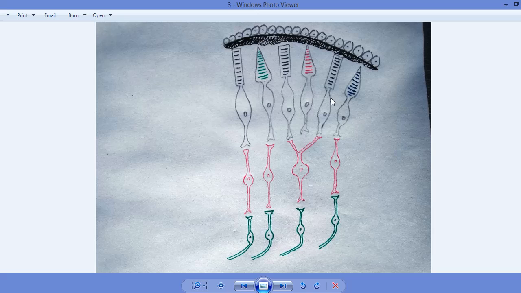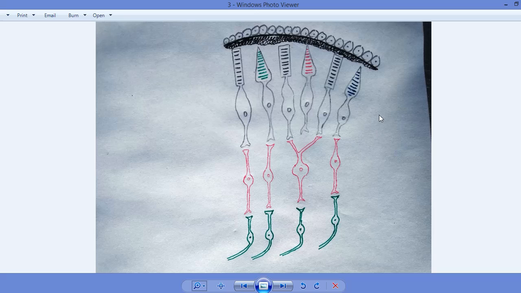In the case of closed eyes, the electric potential of these is -30, and they will secrete neurotransmitter in large amount, and these bipolar cells will be continuously inhibited by the neurotransmitter secreted by rod and cone. And when these are inhibited, this will not lead to formation of any signal toward the ganglion cell.